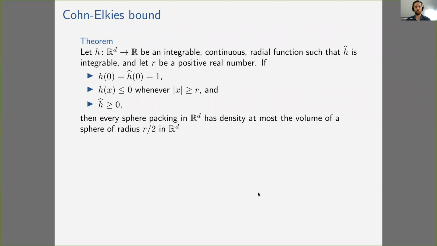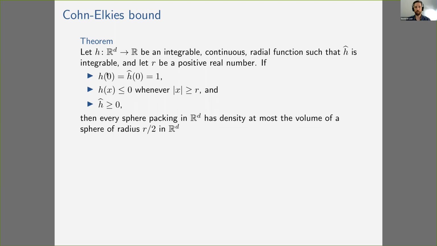The Cohn-Elkies bound is the following theorem. Given a function h from R^d to R that's integrable, continuous, and radial, and has an integrable Fourier transform, and given a positive real number r.